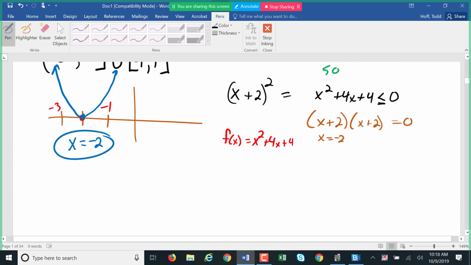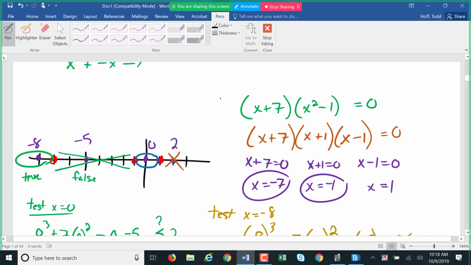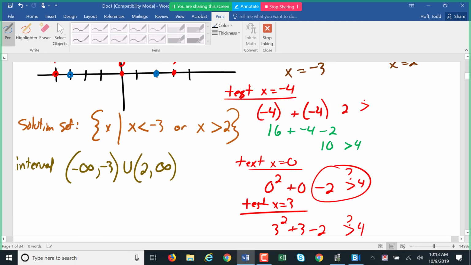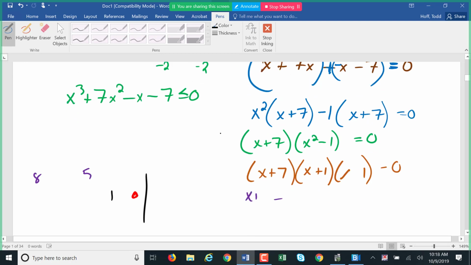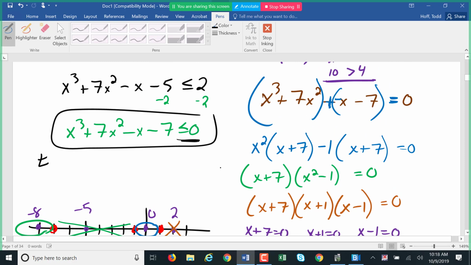Now, some of these that I've done, we could have used what we know about parabolas and other graphs to work on them. For example, this one here, when I solved it, it was less than or equal to 0. Well, remember we discussed end behavior of a polynomial function.